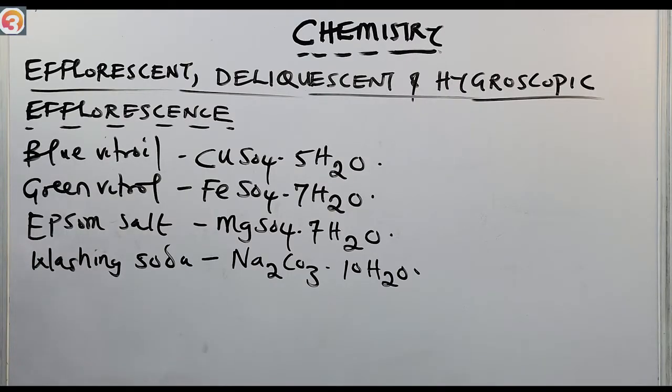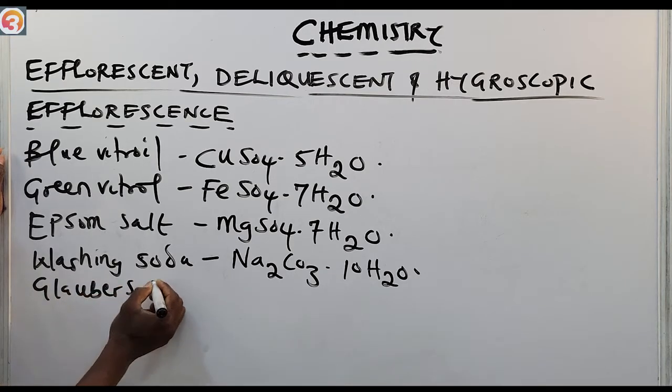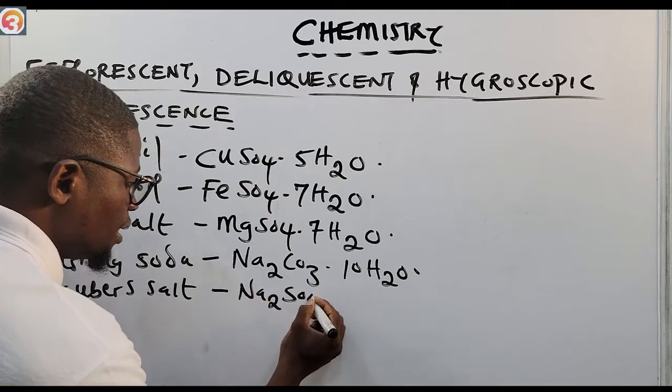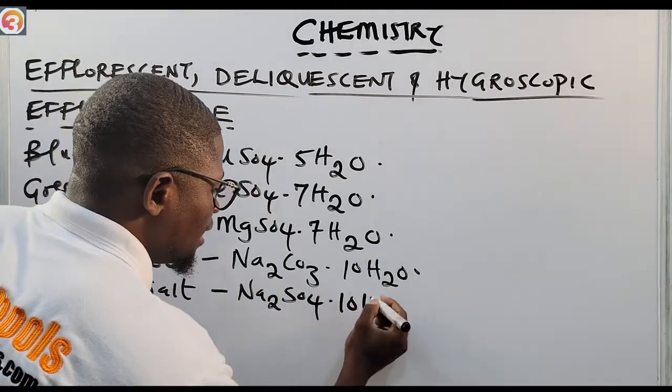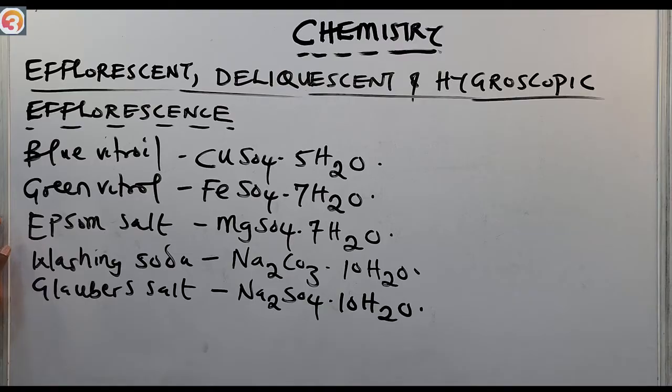Then we have Glauber's salt, which is Na2SO4.10H2O. That is called Glauber's salt.